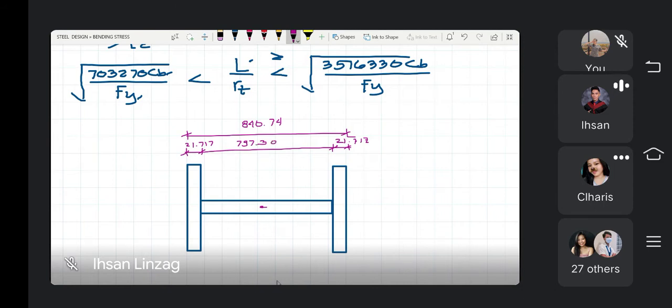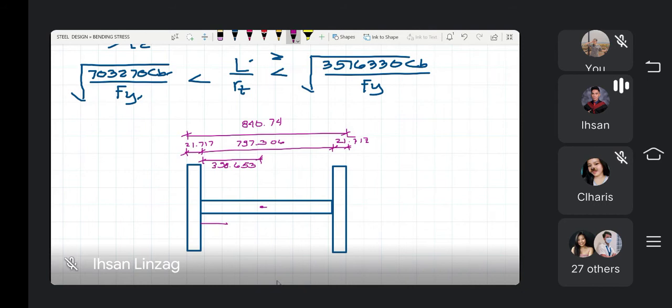So we are going to get the half. So what is the half of the depth of the web? 398.653. So, ang sabi ko nga, 1/3 nung half ng web.